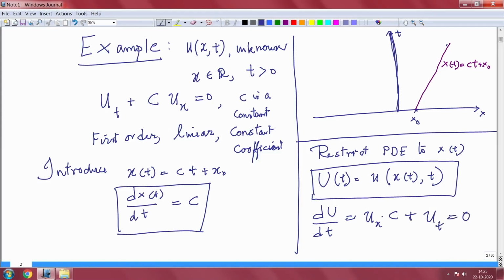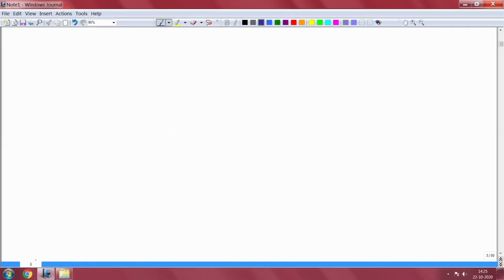That implies du/dt equals 0, which implies u(t) is a constant along the line (x(t), t). That is what you got.